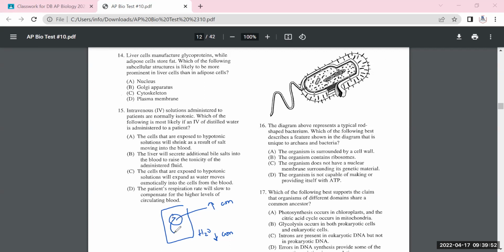Your water is going to enter your cell, and as water enters your cell, what happens? Lysis, or your cells burst. If you stuff an IV of water into someone's bloodstream, their blood cells would start undergoing lysis, meaning they'll just pop, because water is flowing inside your cell. So which one is that?